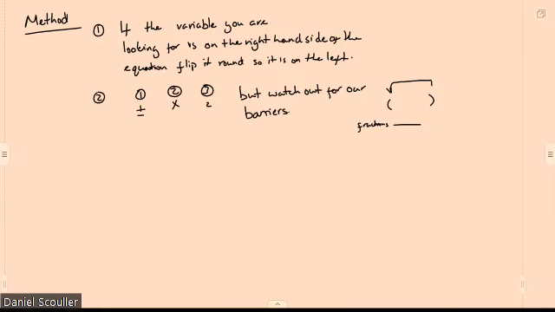It's just knowing when to move something across and getting comfortable with it. So let's just do a couple of examples.